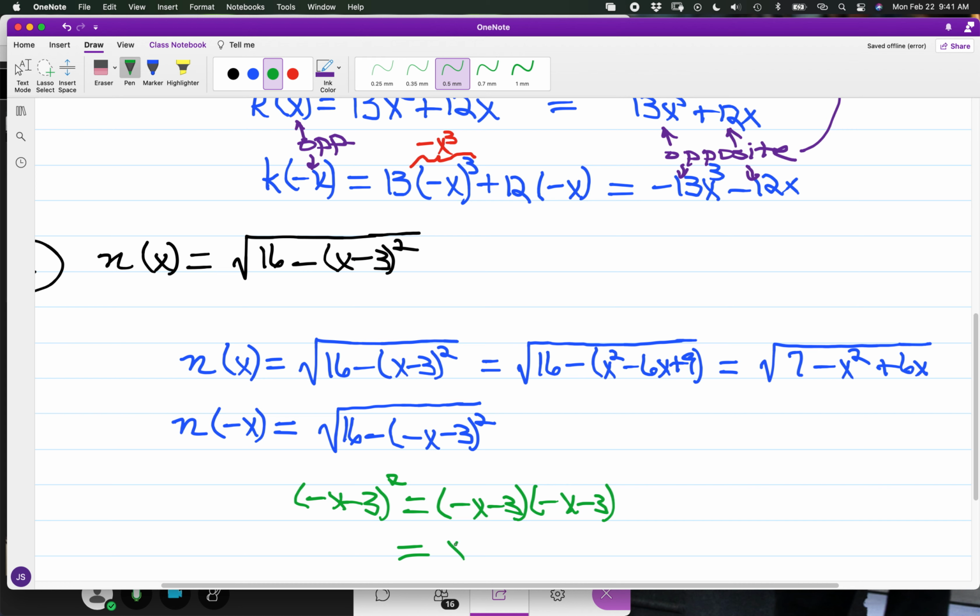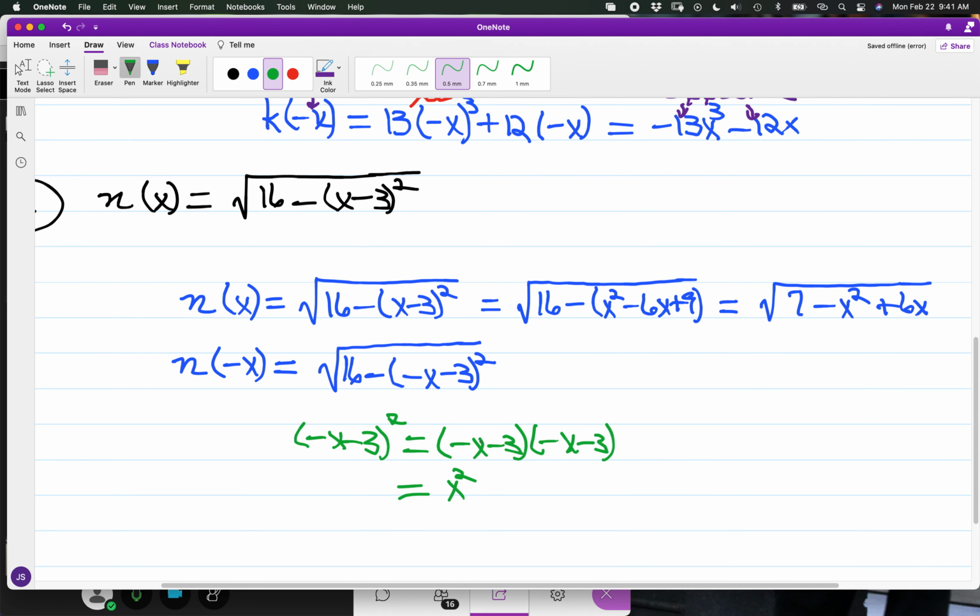Just foiling it out, negative x times itself is x squared, then we have plus 3x plus 3x, followed by the addition of 9, so we come out to x squared plus 6x plus 9. That is the follow through for n of negative x.